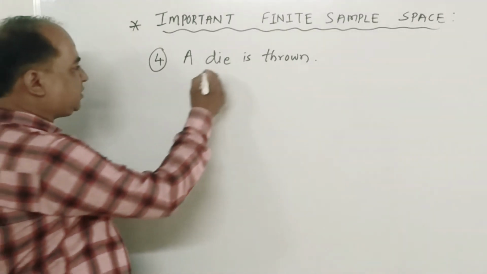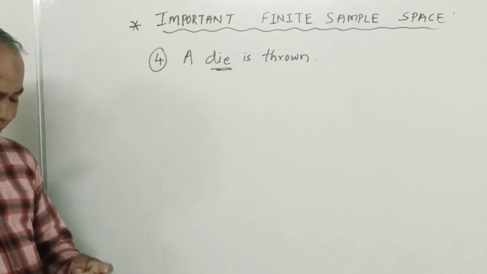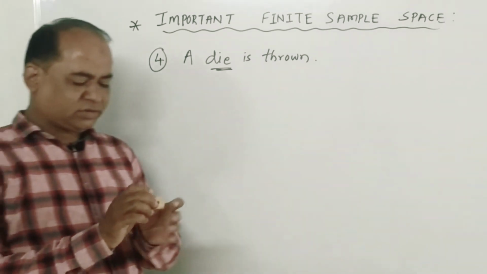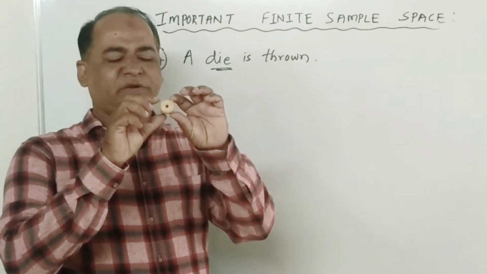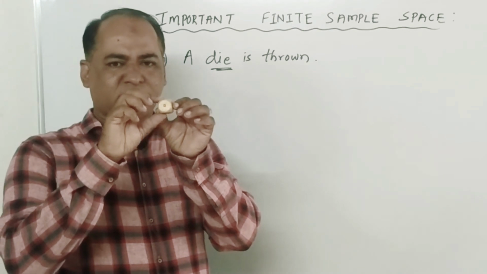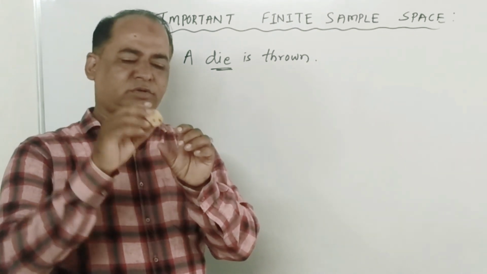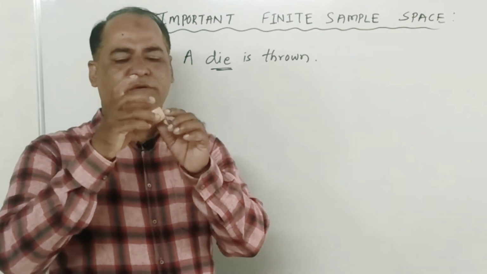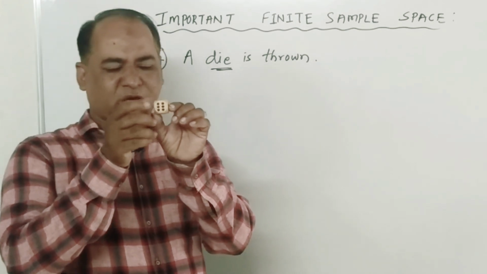Now the fourth sample space: if a die is thrown. The die has 6 sides, so there are 6 outcomes: 1, 2, 3, 4, 5 and 6.